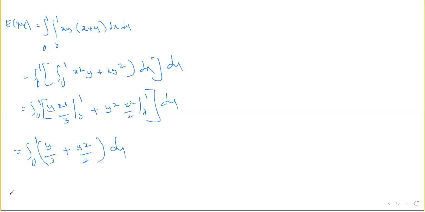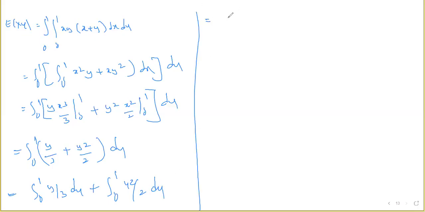Now integration 0 to 1 of y by 3 dy plus integration 0 to 1 of y square by 2 dy. So this is equal to 1 by 3 y square by 2 from 0 to 1, plus 1 by 2 y cube by 3 from 0 to 1.